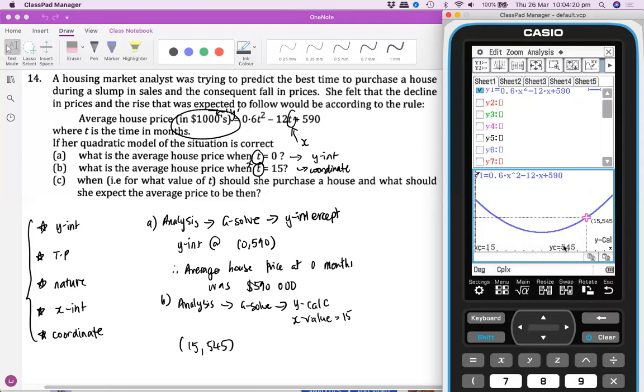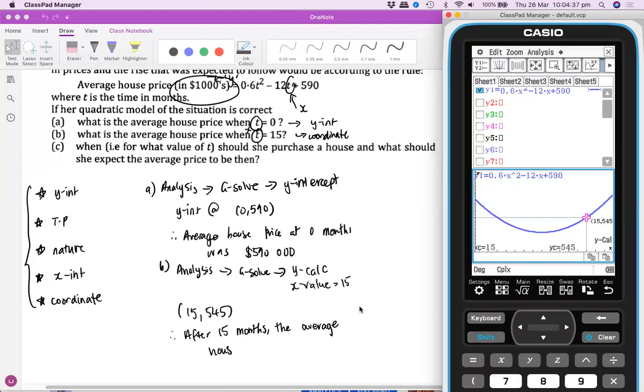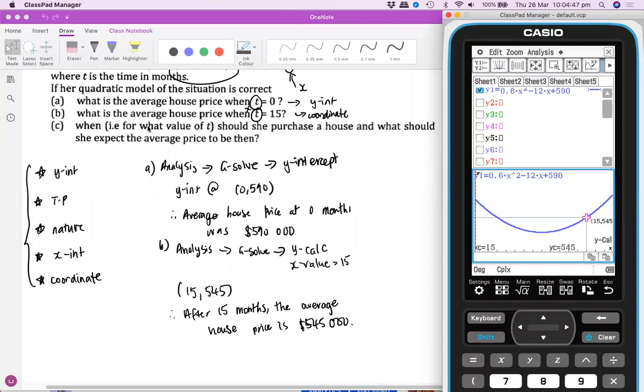That tells me that after 15 months, the average house price is 545,000.